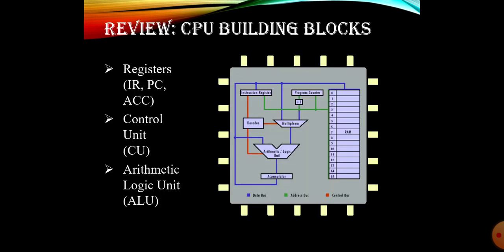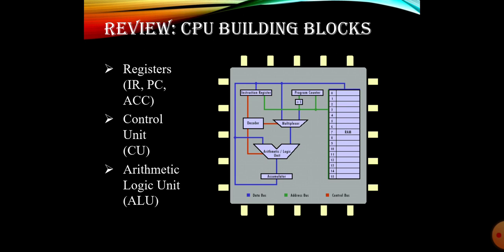So these are the CPU building blocks: registers, PC, ACC, and control unit, arithmetic registers. You can see that there is the multiplexer, program counter, decoder, and arithmetic logic unit. So this will store the data in the RAM, that is temporary memory.